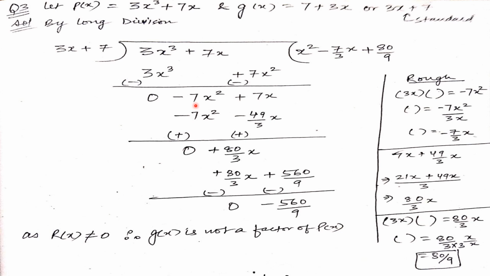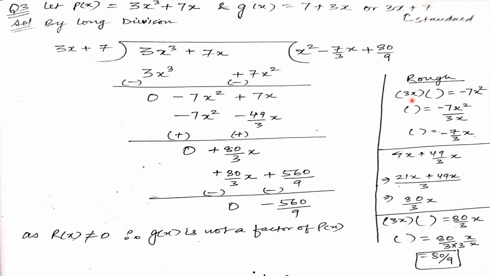So till the time you can do such multiplications in mind, you can use a rough column like this. What I have done, I have written the divisor 3x, bracket, the number that I have to think of. It should be equal to how much? Minus 7x square, as I have written over here. Now what is this number? Very simple. Just make it alone on this side like this. So what will happen?